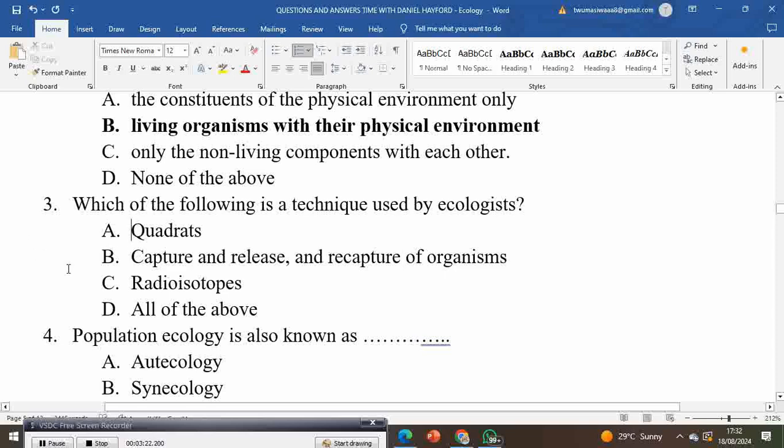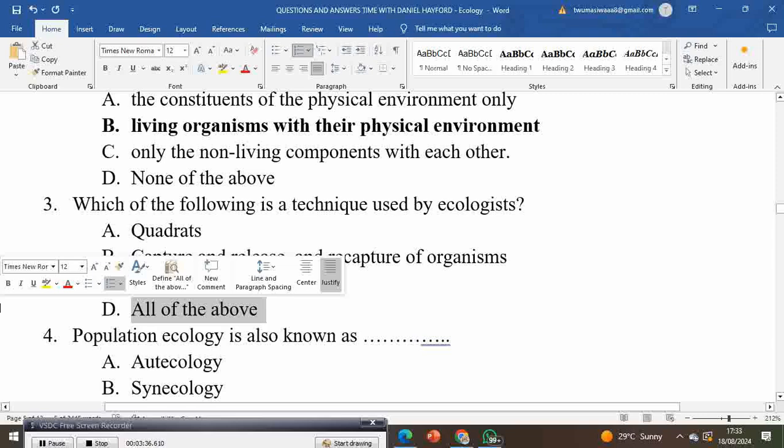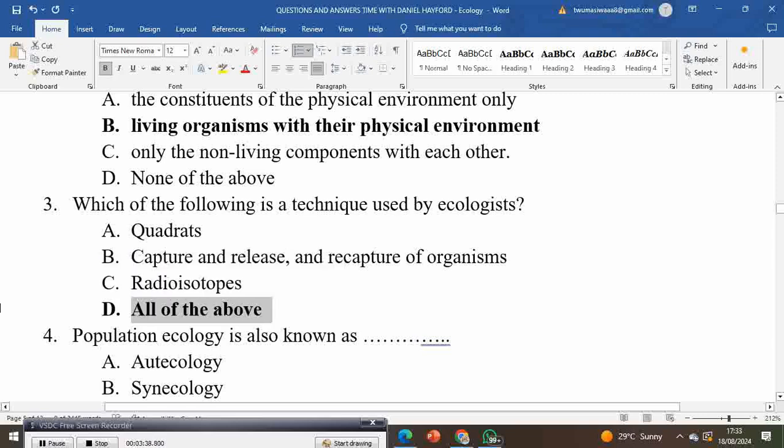Is that a technique used by ecologists? Yes. The quadrat, yes. Radioisotopes, yes. And I think we mentioned radioisotopes when we were looking at the basic chemistry of life. So it means that all of the above is our answer for question number 3.